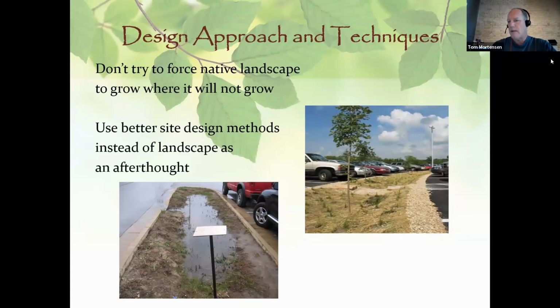First of all, the island is way too narrow to be effective. And then all those trees were planted in the bottom. I went back a year later, they were all dead because they were loaded with sediment, salt, and probably just way too much water. Trees are on the side slope, and then you have the low flow channel and you have the floodplain. And so again, this is just against what actually happens in nature, and trying to force green infrastructure into parking lot islands just never works.